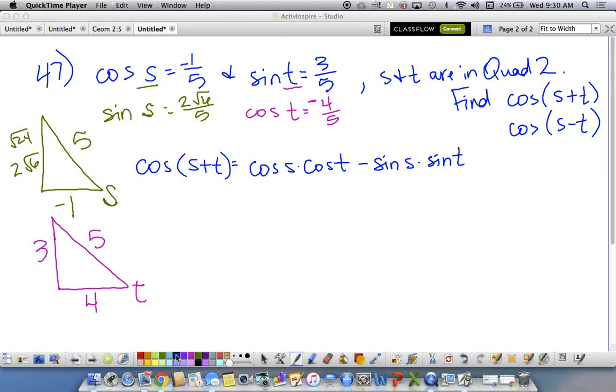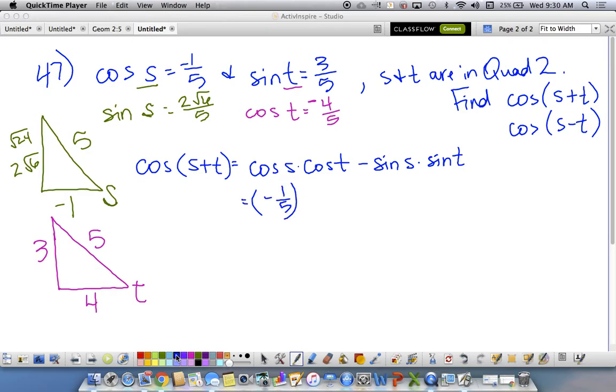Alright, so let's go into our formula. What is cosine S? I don't like to see cosine negative 1/5. S is not negative 1/5. Cosine S is negative 1/5. You're never going to put these fractions in for just the S or the T. If you see cosine S, you plug in negative 1/5.